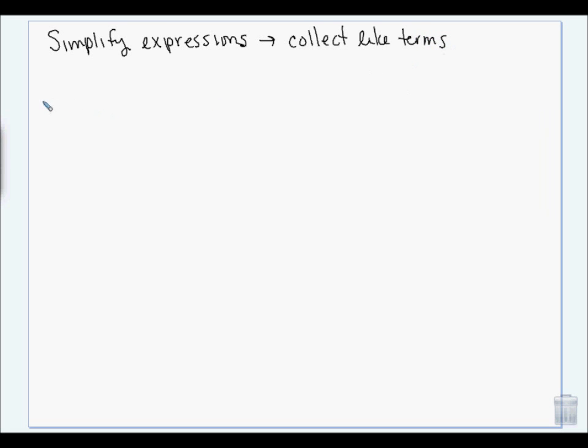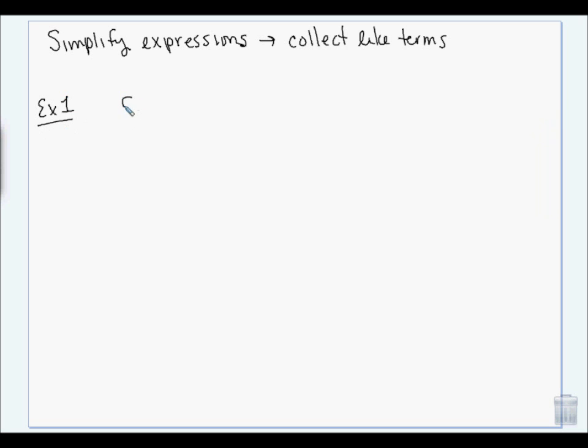Okay, so if we're going to simplify expressions, we're collecting our like terms.